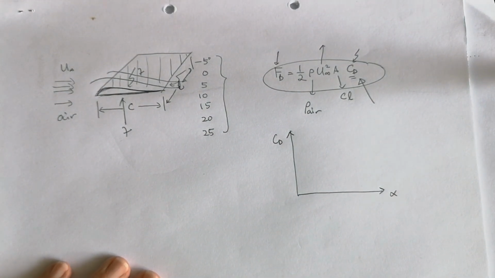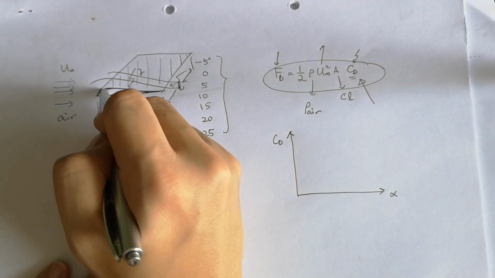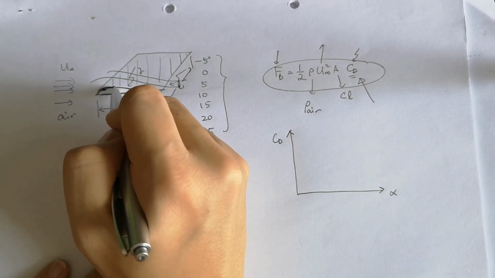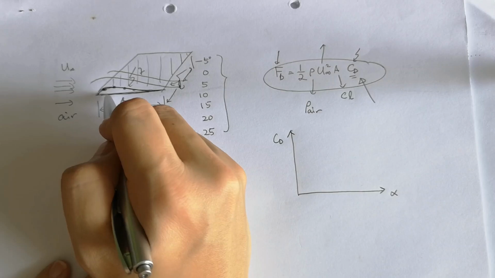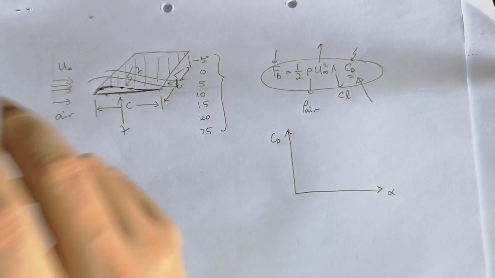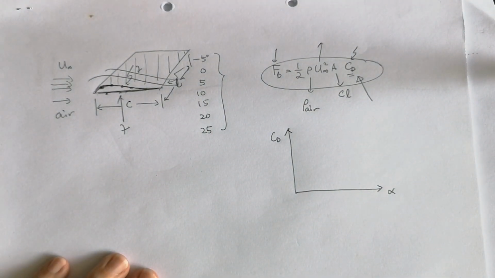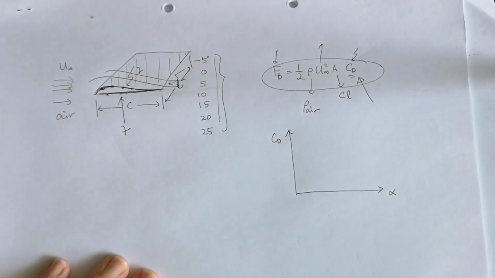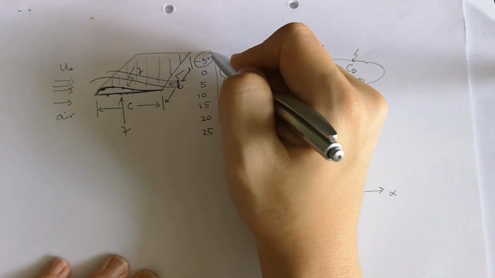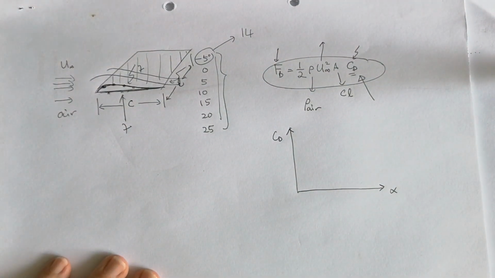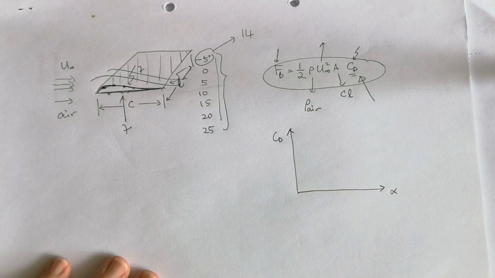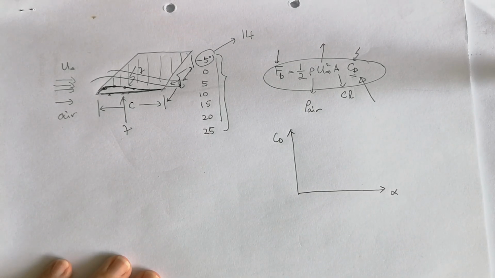You are required to measure the pressure at these 7 points on the upper surface and 7 points on the lower surface, based on the equipment provided to you, at different angles. So in other words, for one reading, you need to have 14 pressure readings, 7 for the upper surface and 7 for the lower surface.